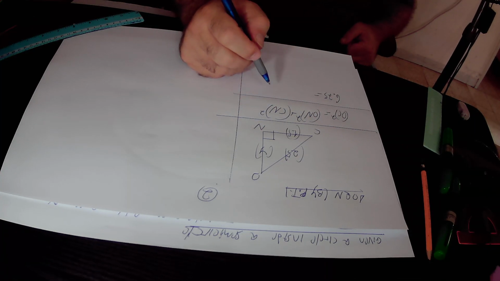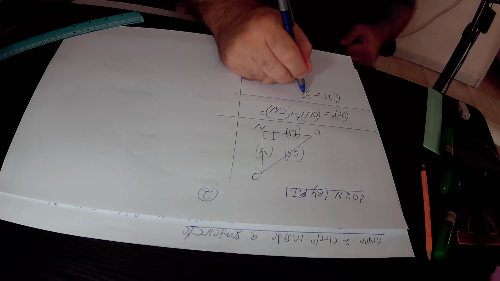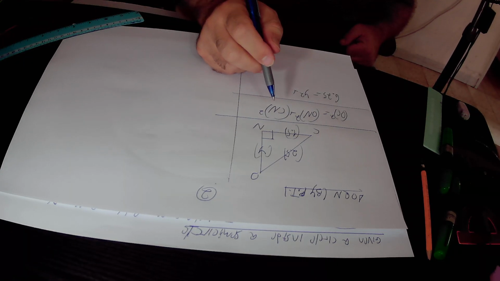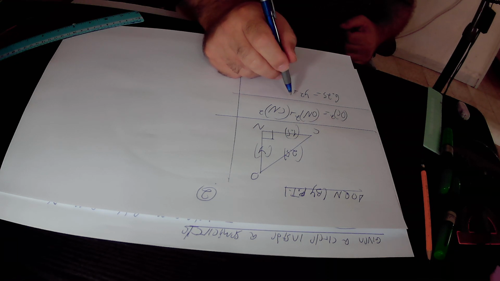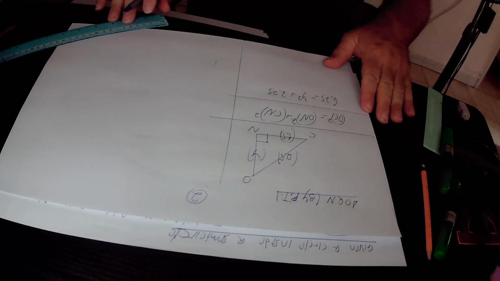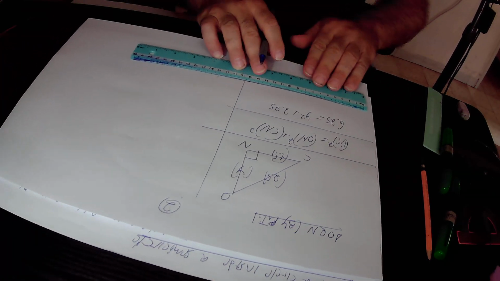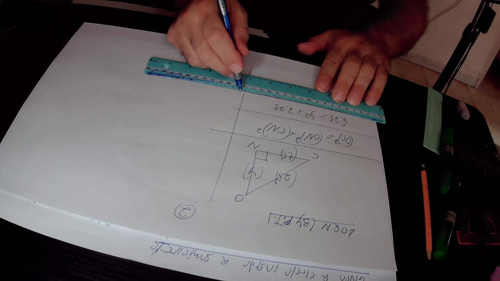ON is y, therefore ON squared is y squared, plus CN squared. CN is 1.5, therefore CN squared is 1.5 squared, that is 2.25. So in total we find that 6.25 equals y squared plus 2.25.